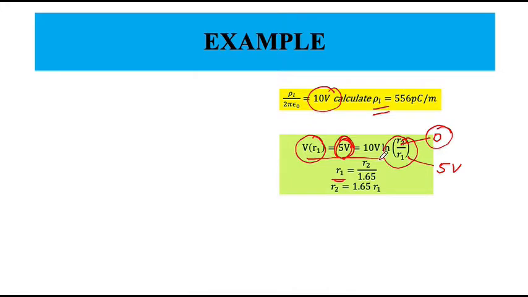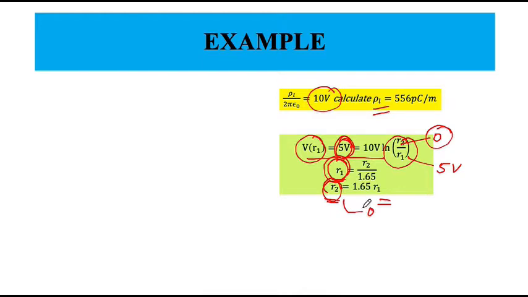Putting it in the expression, I calculate the value of R1 equals R2 by 1.65. So because there is 1.65, let me arbitrarily choose R2 equal to 1.65 R1. I can arbitrarily choose my R2 as the point of 0 volts.